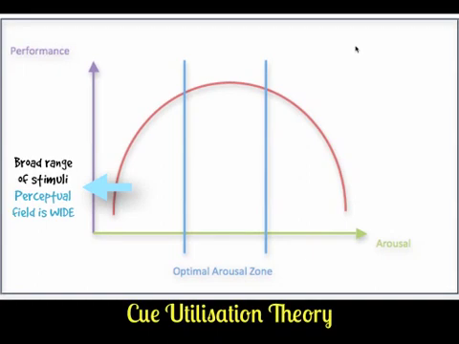So when arousal is low, performance will also be low, but also our perceptual field in terms of selective attention and cue utilization is too wide.